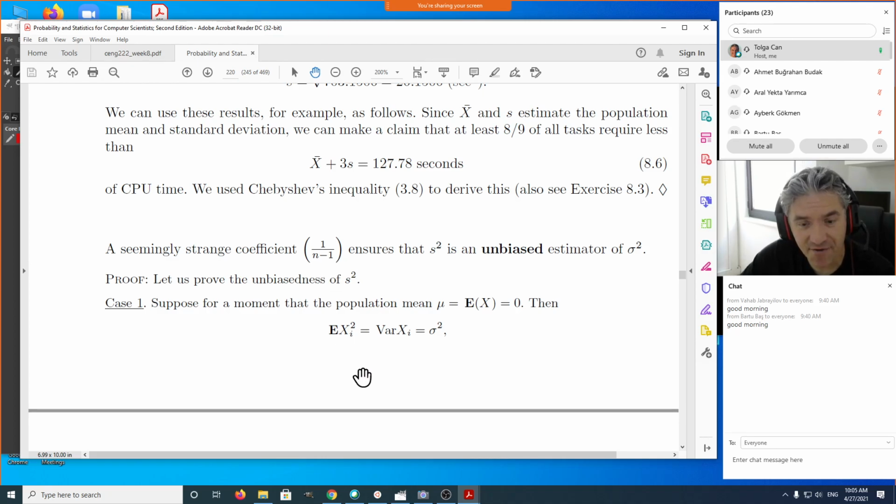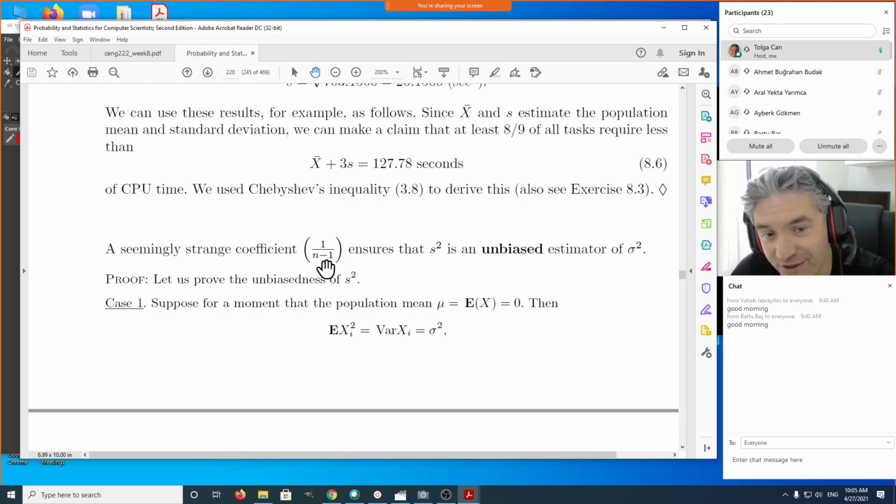It's not like the average of differences from the sample mean. It's a little bit larger than the average. If we take the average directly, it will estimate the standard deviation a little bit less. The actual standard deviation is a little bit more than that. So by dividing by a smaller number, we get a larger value for the sample variance.